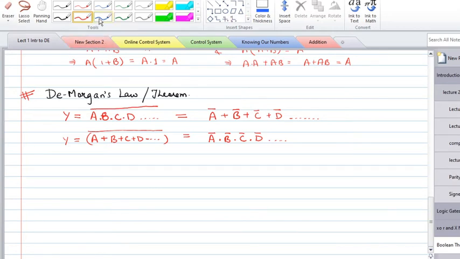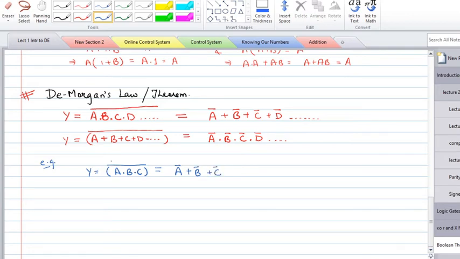For example, if Y is equal to A dot B dot C bar, then when we apply De Morgan's theorem, we can write A bar + B bar + C bar.